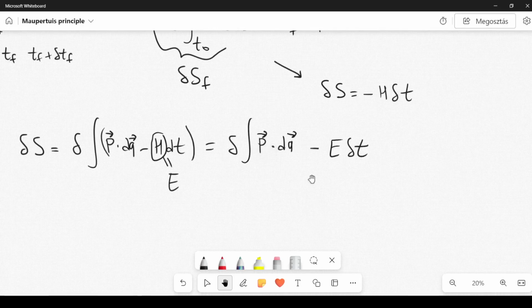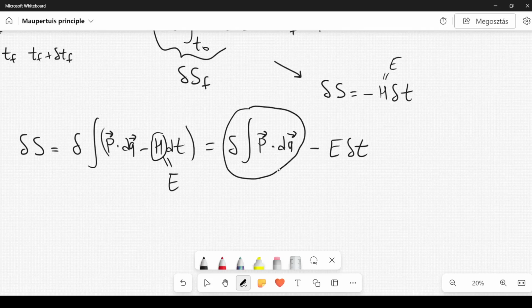And since delta s must be equal to minus e delta t, assuming that h is indeed the energy E, we must set this quantity here equal to 0, which is the so-called abbreviated action, and it is the one that's used in the Maupertuis principle.